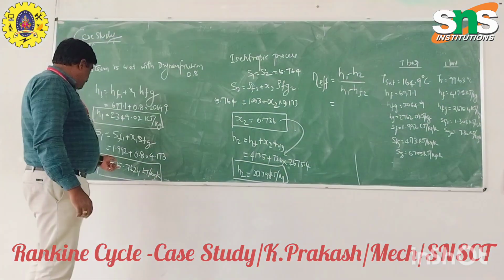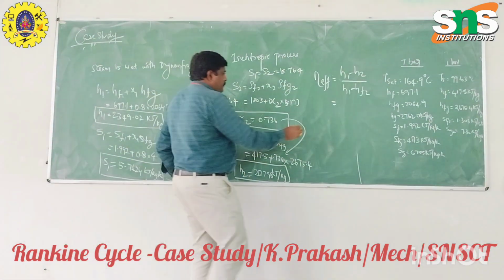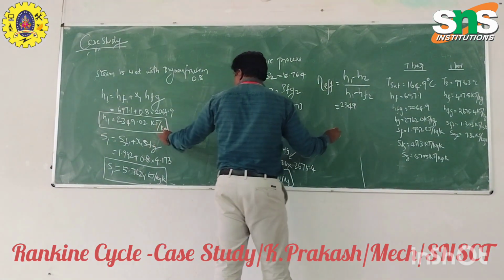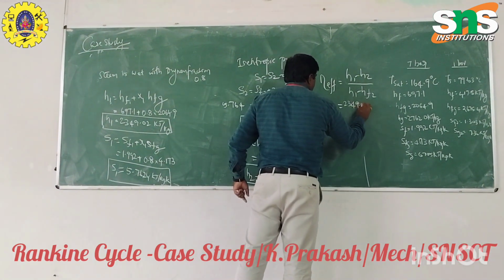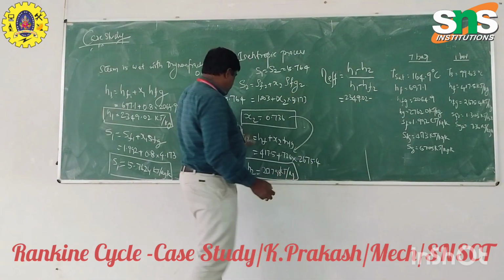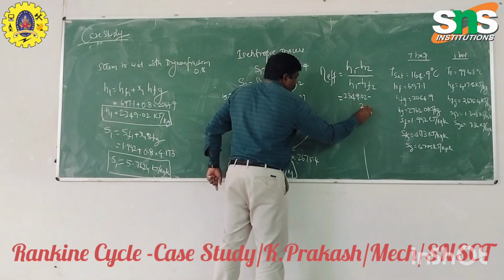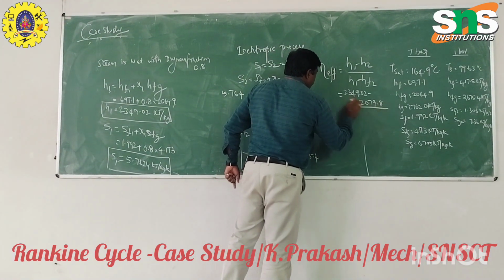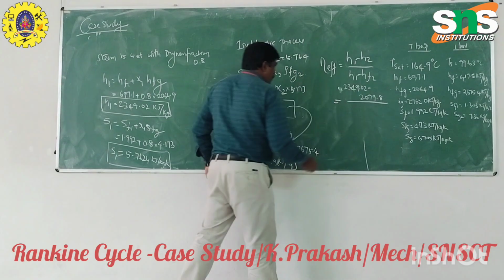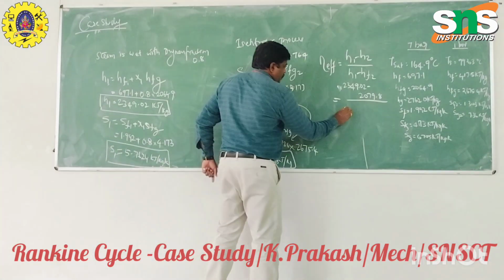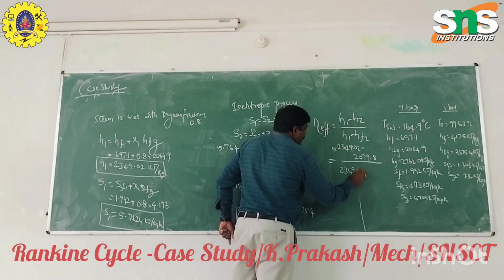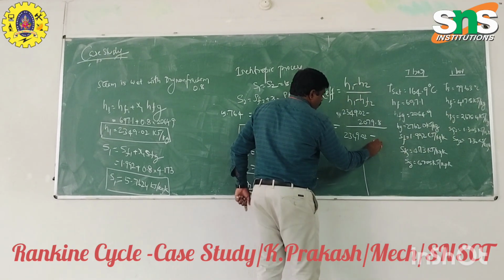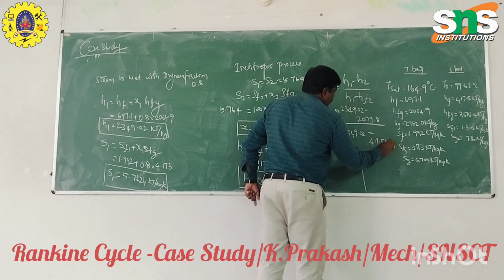We know H1 is 2349.02, minus H2 which is 2079.8, divided by H1, 2349.02, minus HF2, which is 470.5.